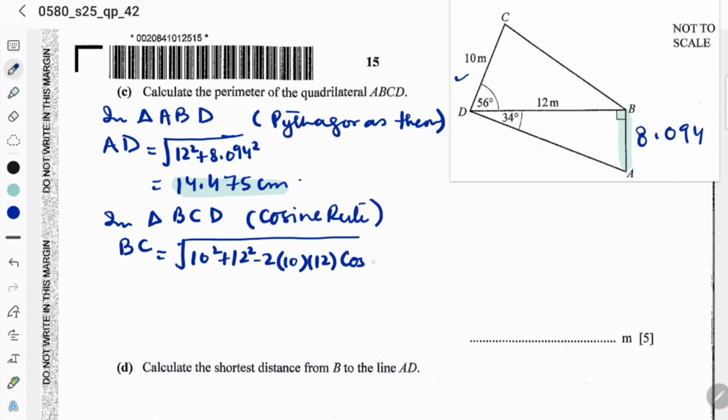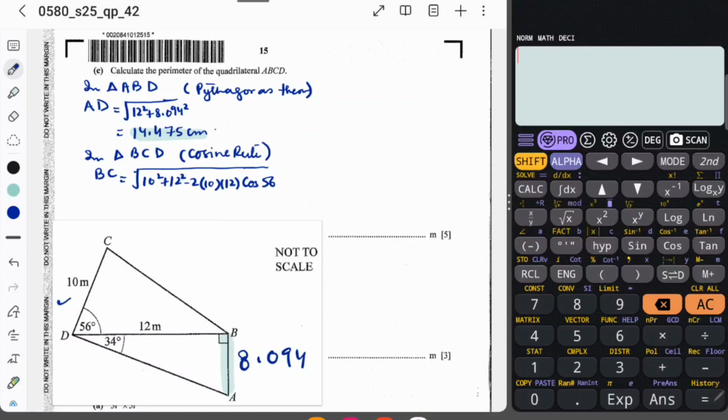I'll show you the calculator also to find the answer.